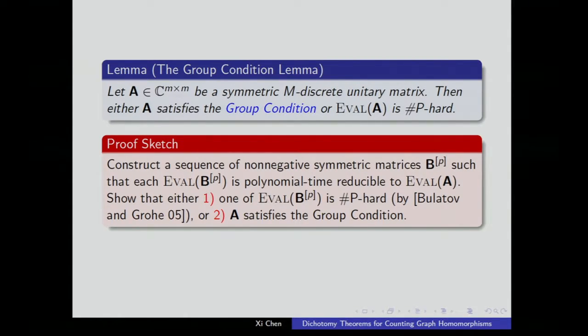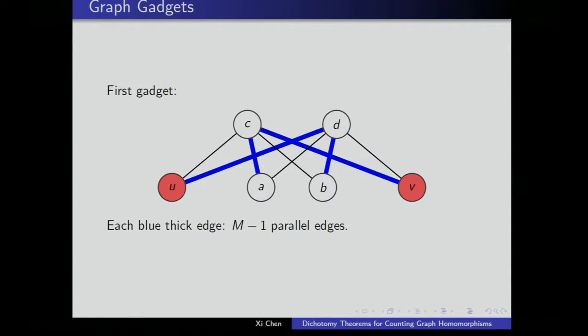The first part, where we construct these matrices and give these reductions, is the place where we use graph gadgets. And in the second part, where we show that one of these two cases happens, is the place where we use interpolations. So this is the first gadget.